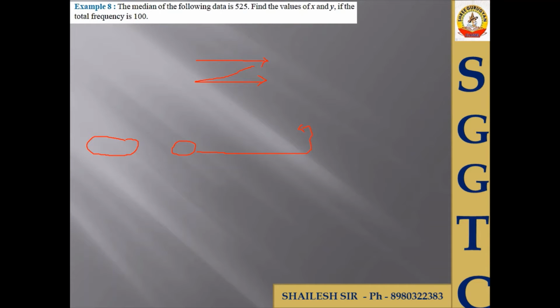Example number 8. The median of the following data is given, but the frequencies x and y are missing, and the total frequency is given as 1000. Students, this is important for the exam; it has already been asked in the board exam.